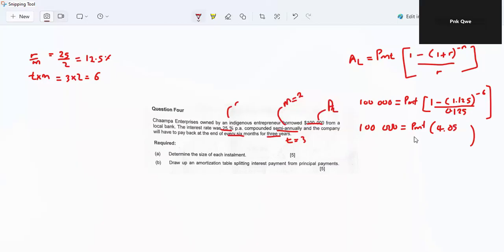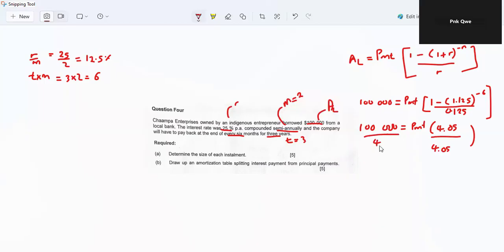Then how do you find the payment? You divide both sides by 4.05.